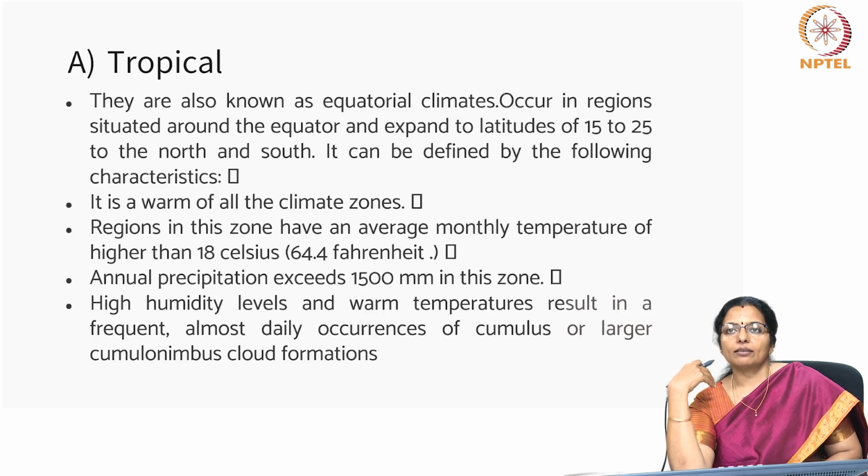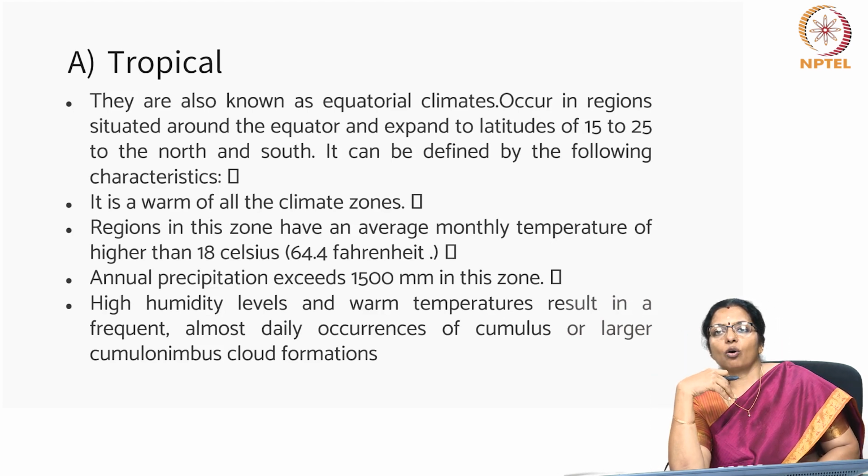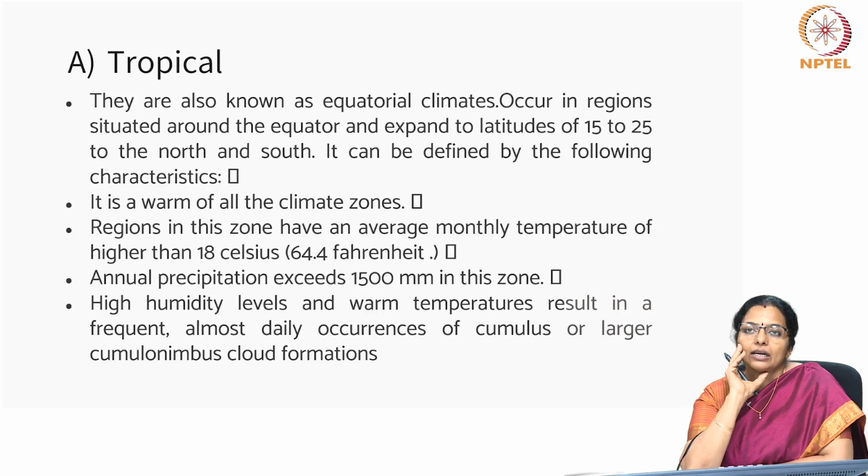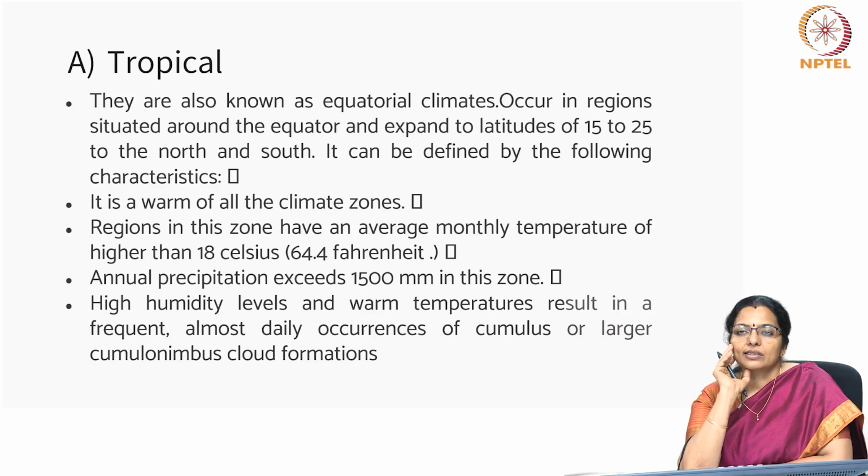Let us look at the tropical climate, also called equatorial climates. According to Koppen, this is found near the equator and extends to about 15 to 25 degrees north and south. Here are the defining traits. It's the warmest climate zone with average monthly temperature above 18 degrees Celsius.